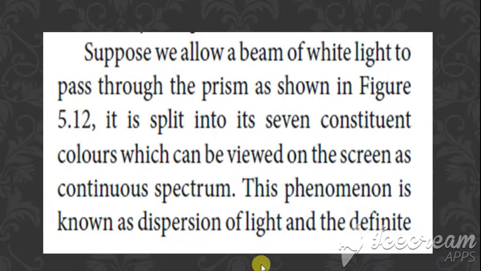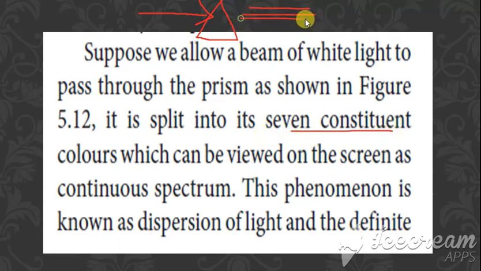Then, suppose we allow a beam of light to pass through a prism. Already I think we know the prism, is it not? You might have seen this in your lab itself. In this prism, if you pass the light like this, it is split into 7 constituent colors.